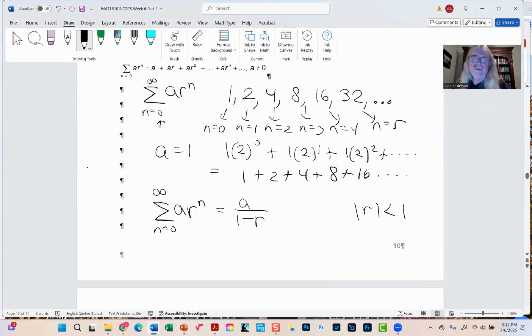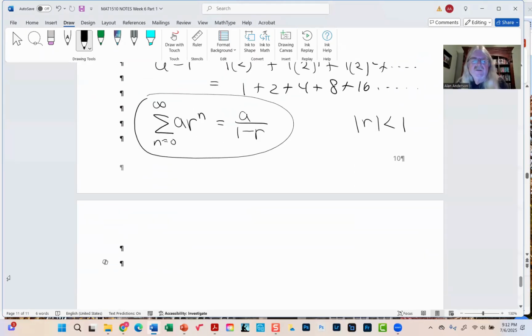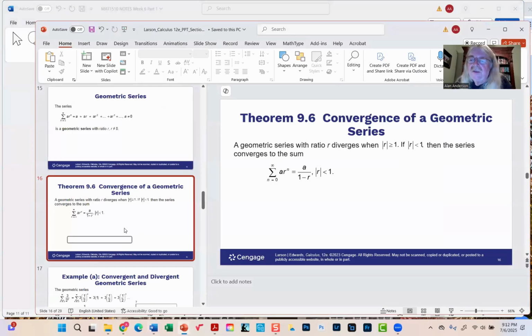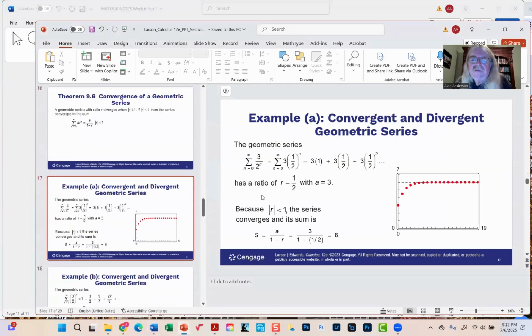And that's all there is to it. Very interesting. We're going to get some mileage out of that one. That's going to come in very handy.